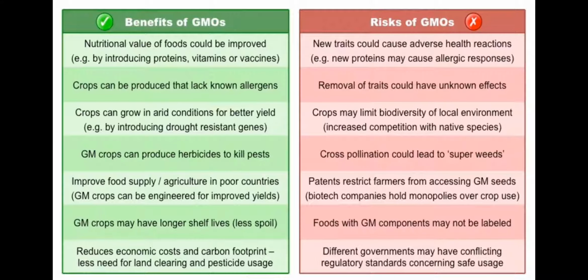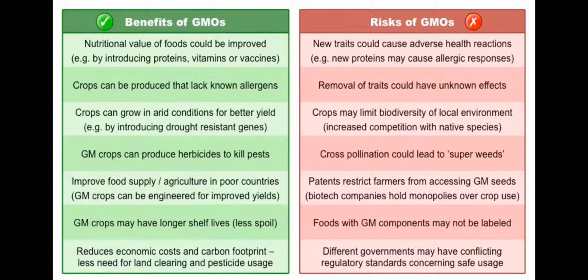There's a lot of debate on what are the benefits and what are the risks of GMO. So let us read together. Nutritional value of food could be improved is a benefit of GMO. However, a risk can be new traits can cause adverse health reactions. Then crops can be produced that lack known allergens, and removal of traits have unknown effects.